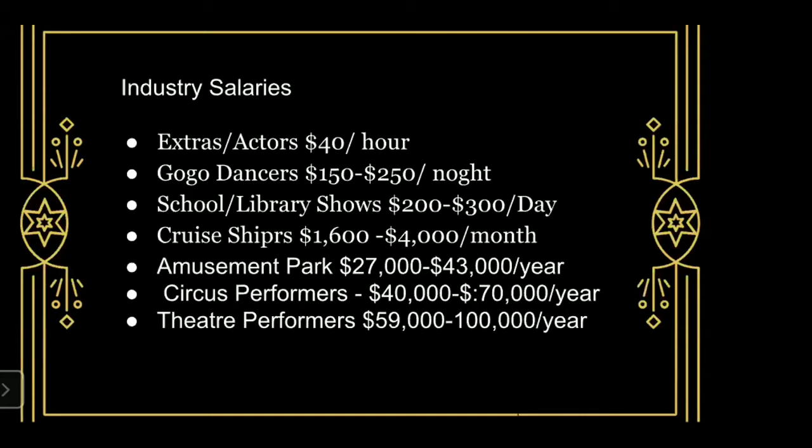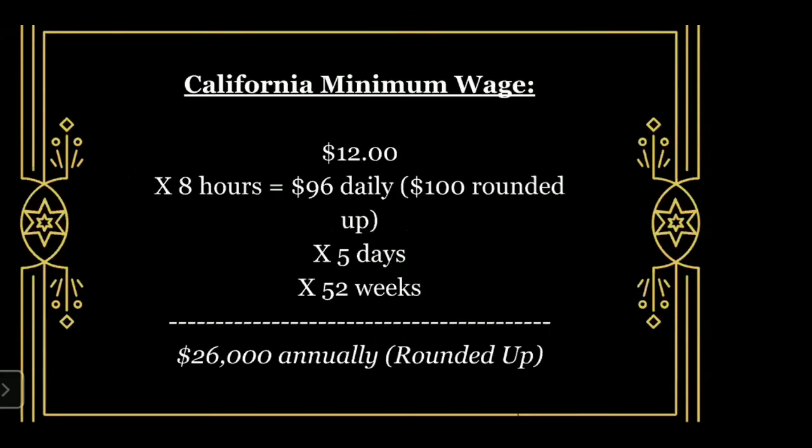And so when we average out the average full-time performer worker, it's between $25,000 a year to $100,000 a year. And so we can already see how there's a wide gap in the way that we price ourselves. Okay, $25,000 to $100,000.